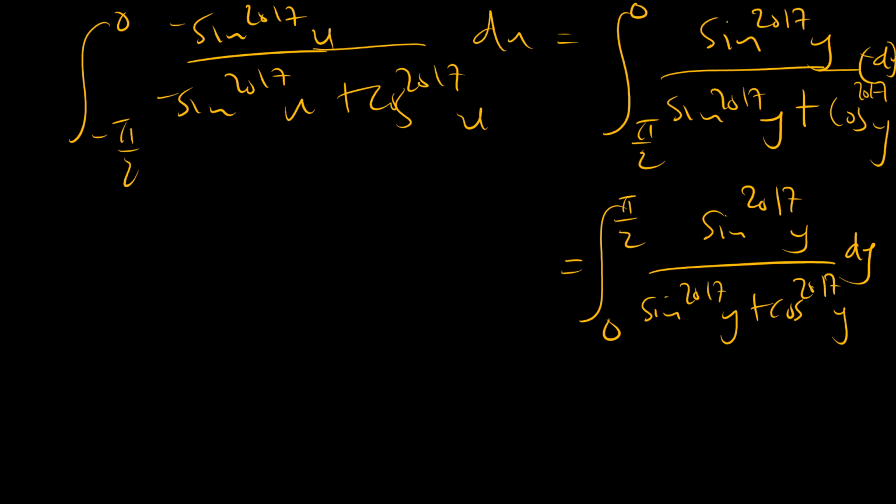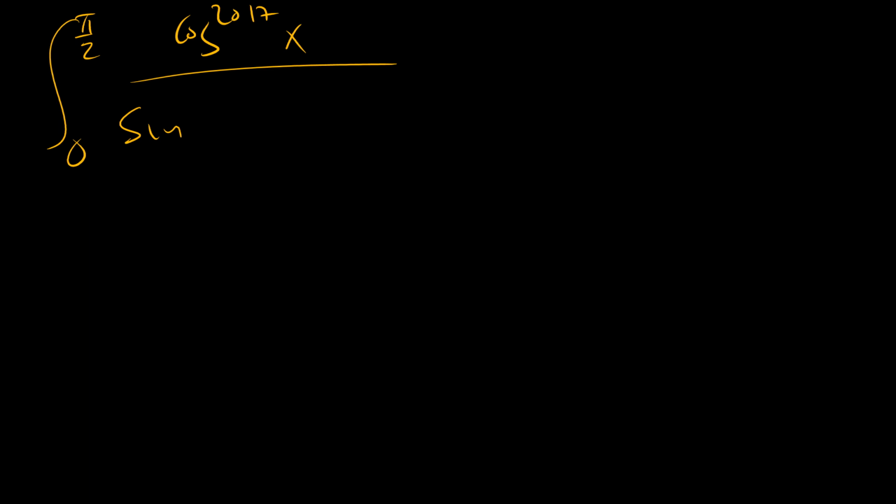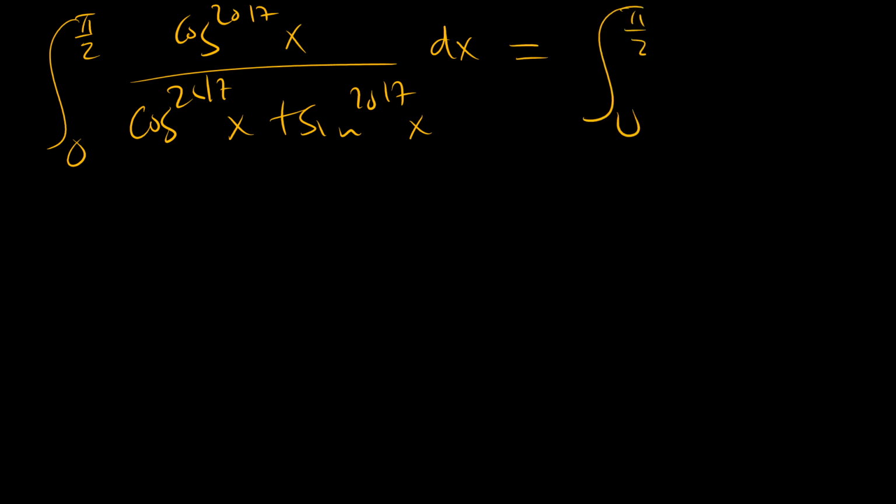So what we see is that our original problem, that is the integral of cosine 2017 x over cosine plus sine, is equal to the same problem, but flipping, where we have cosine, we have sine to the power 2017 x over the same denominator.